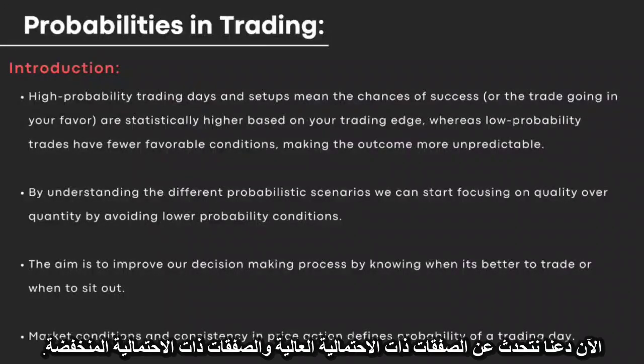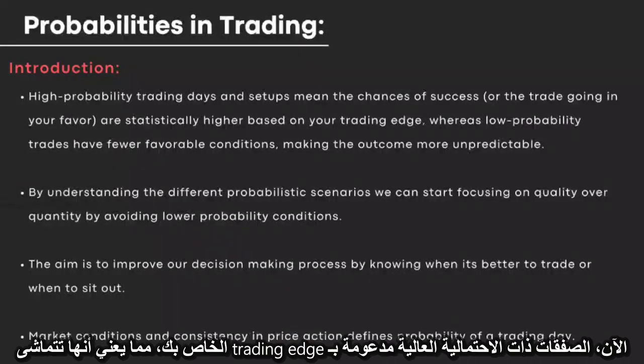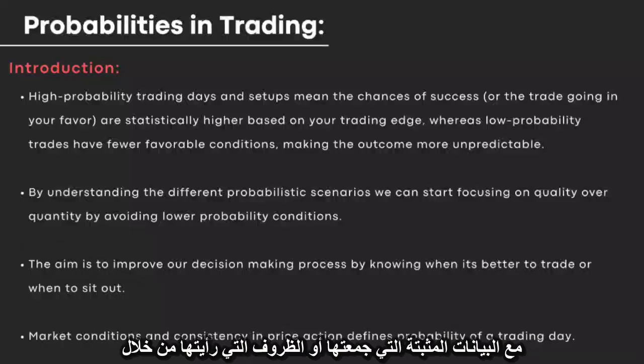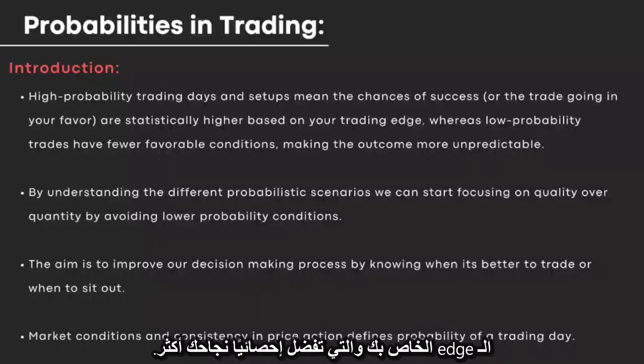Now let's talk about high probability and low probability trades. Now high probability trades are backed by your trading edge, meaning that they are aligned with the proven data that you've collected or the conditions that you've seen through your edge that statistically favor your success more.